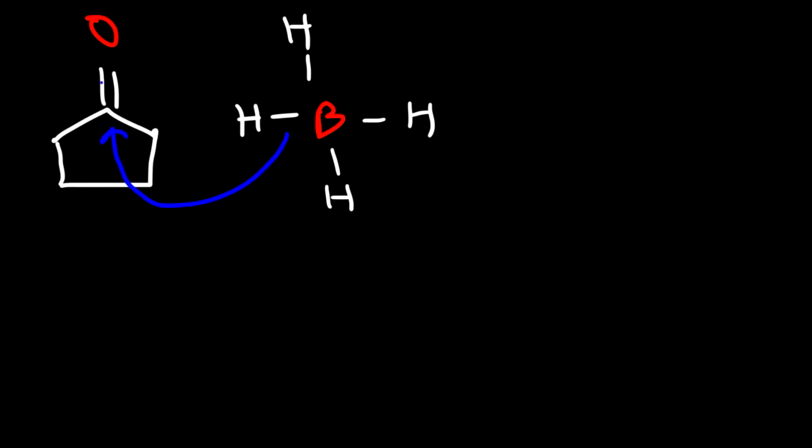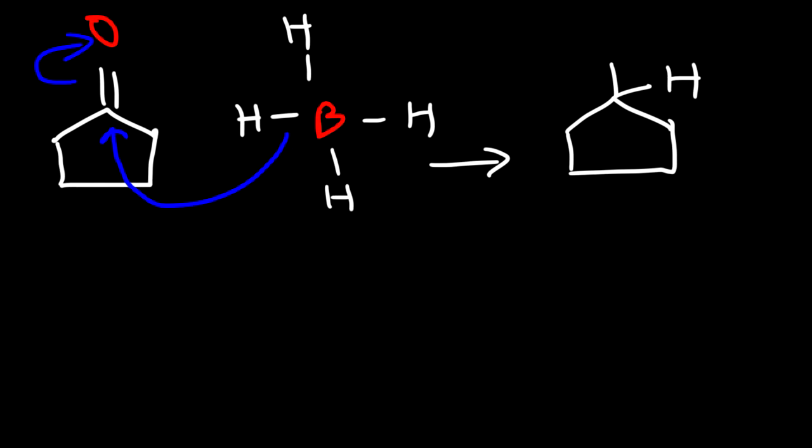In the first step, the borohydride ion will release a hydride ion to attack the carbonyl group. And so we're going to add the first hydride ion to the carbonyl carbon. So here it is. Now, we're going to have a single bond between the carbon and the oxygen. And so this oxygen now has a negative charge, at which point we could react it with water.